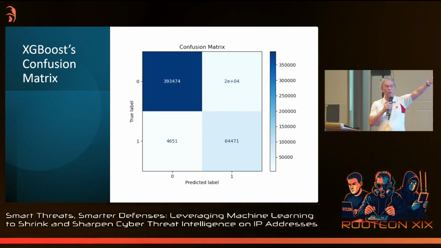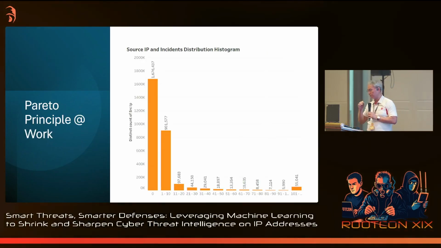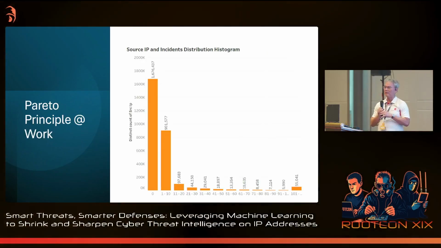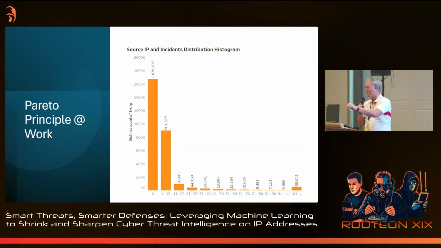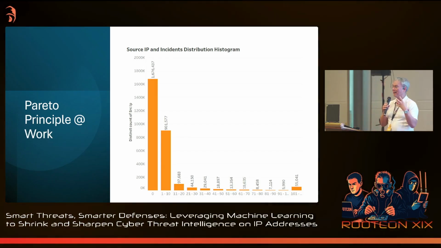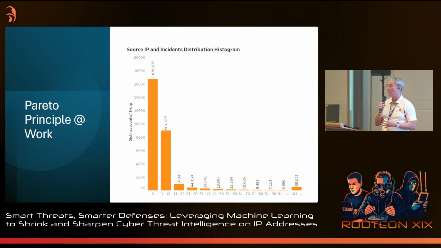And so it was able to do that very, very well. Now, we were wondering, how come we're using only 70K out of 3 million bad IPs, and we're still able to block 60 to 70%?